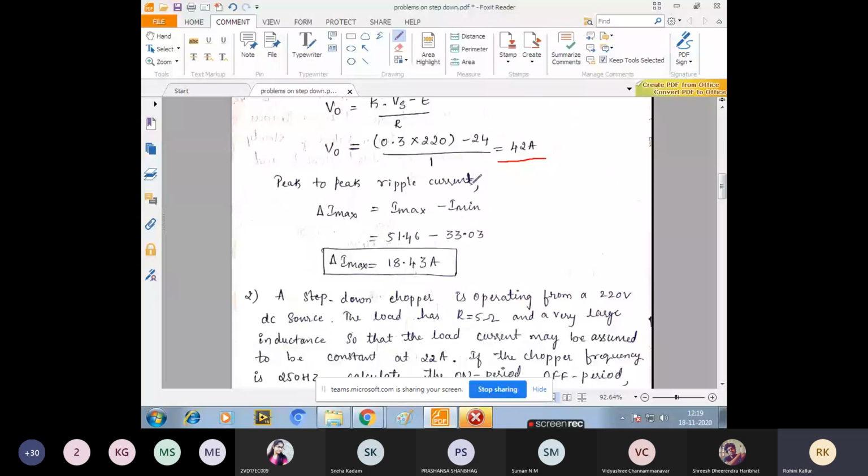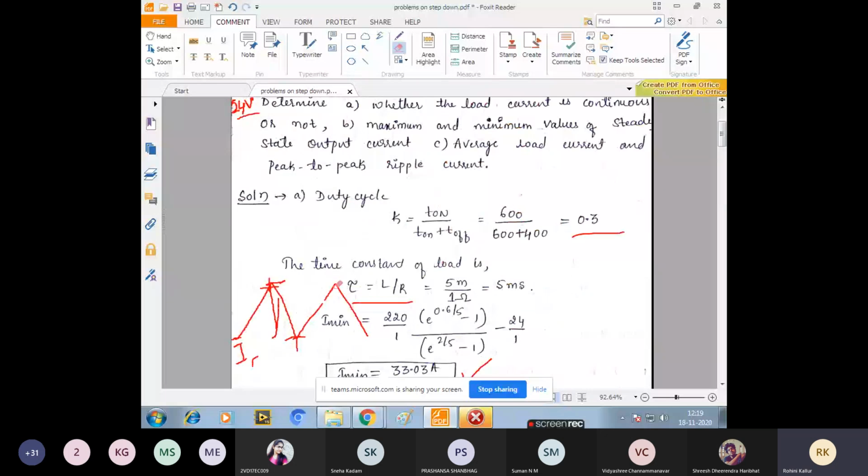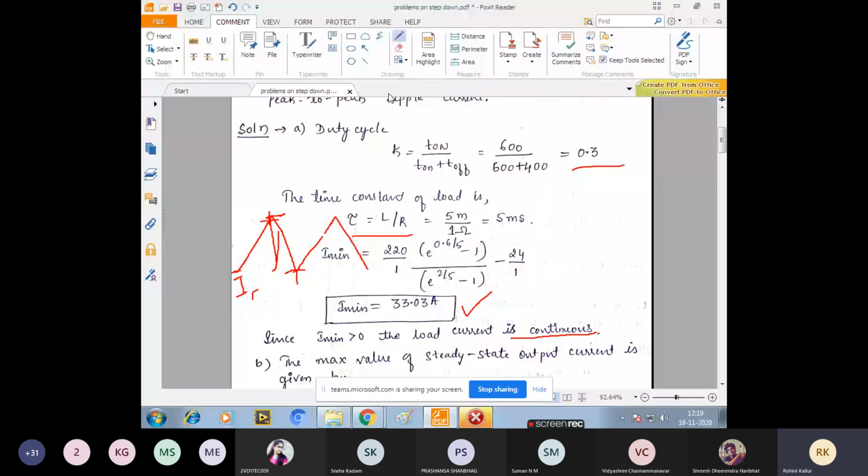Then peak to peak ripple current is delta Imax. So this delta Imax is nothing but it is equal to Imax minus I minimum. Normally in our derivations, I'll just explain it with respect to this. In our derivations, we have said that this value from here to here is delta I. Delta I is nothing but this capital I2 minus this capital I1.